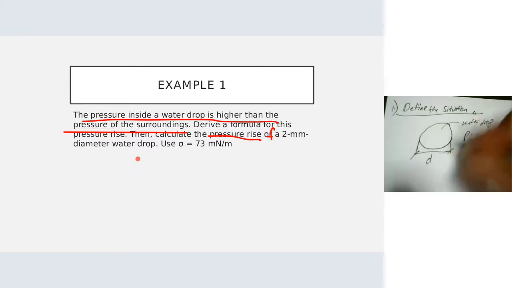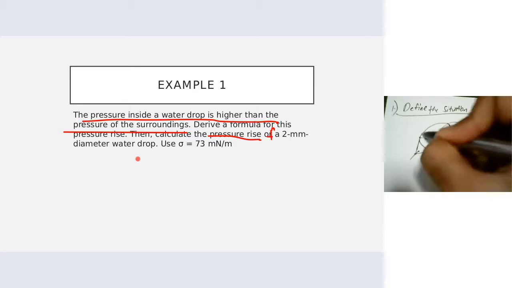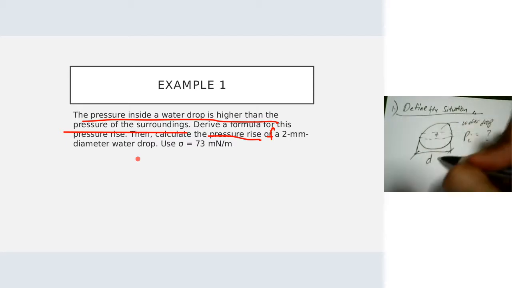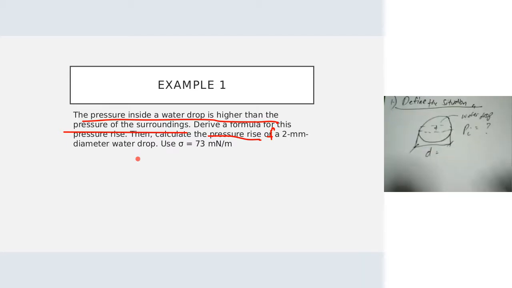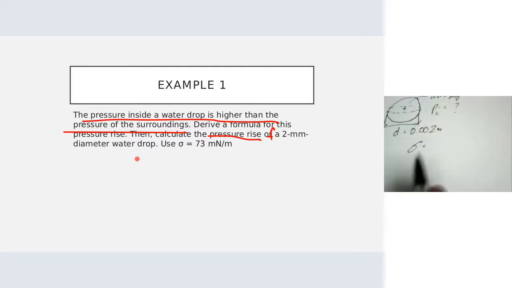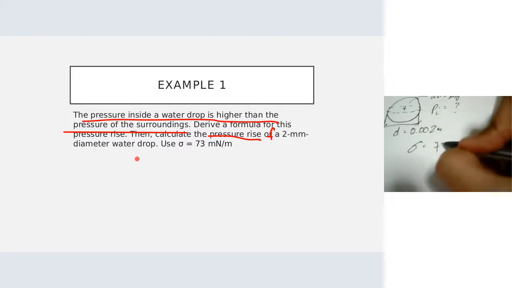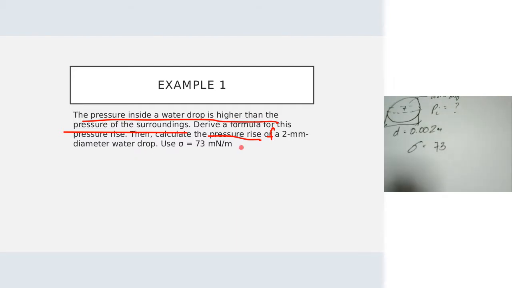So we have D, and this is equal to 0.002 meter. And then we are also given the surface tension. This is equal to 73. We have micronewton.